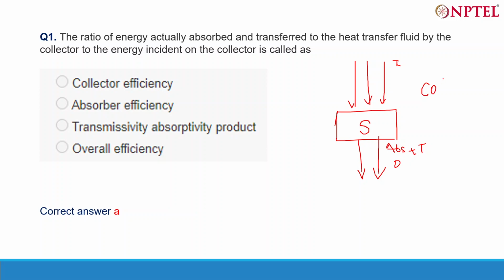Why collector efficiency? Because it is the efficiency of the collector which is depicted by this output over input. It's not the absorber efficiency, it's not the transmittance-absorptance product or overall efficiency, it's the collector efficiency. Correct?